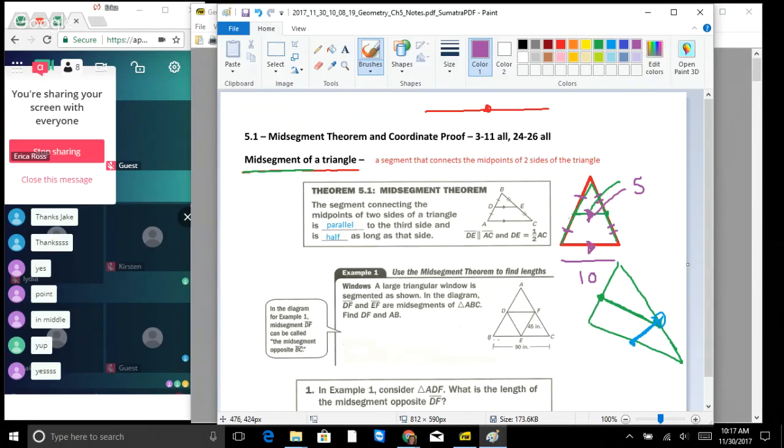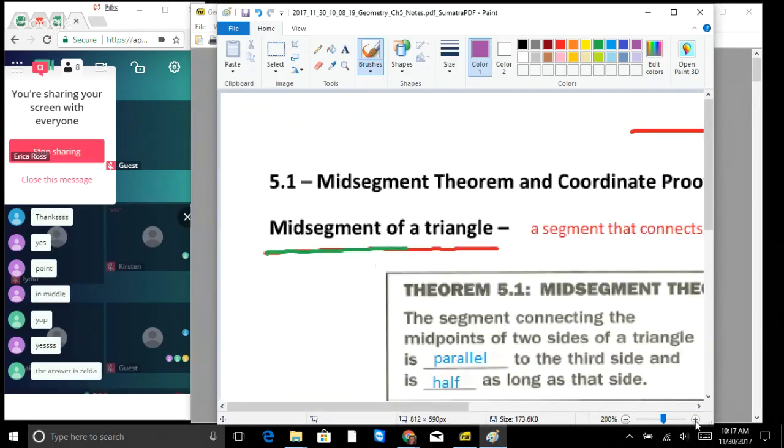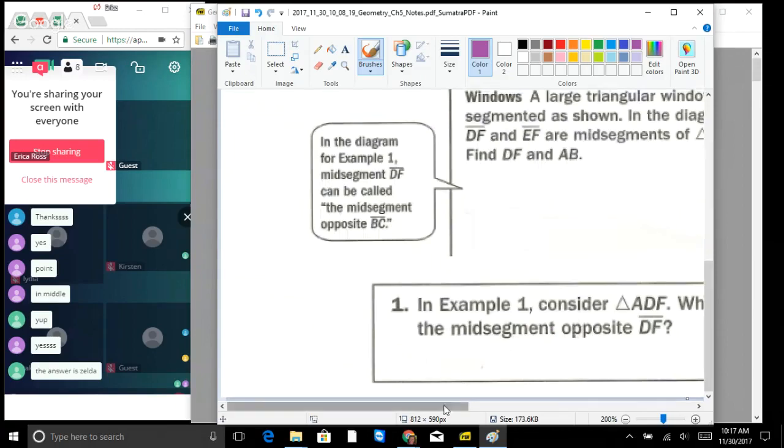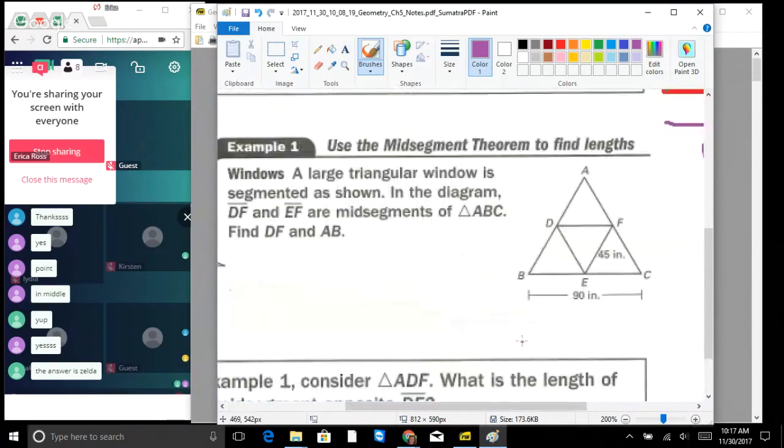All right, so this should be pretty easy peasy. Let's just do a little color coordination here. Let's make it a little bigger. Okay, so the first thing they want us to do is to find DF.